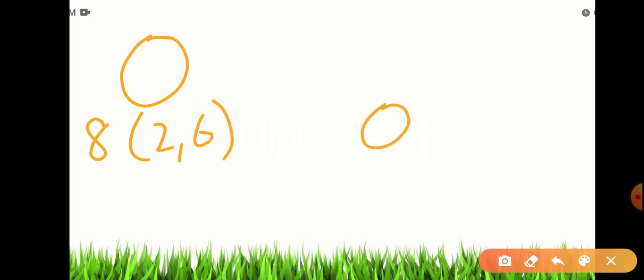We will come to the next example, that is oxygen. Oxygen's atomic number is 8. So what is its electronic configuration? 2 and 6, correct. So oxygen, that is O, has 2 electrons in its first shell and 6 electrons in its last shell.